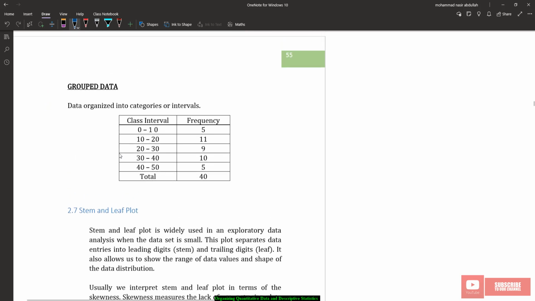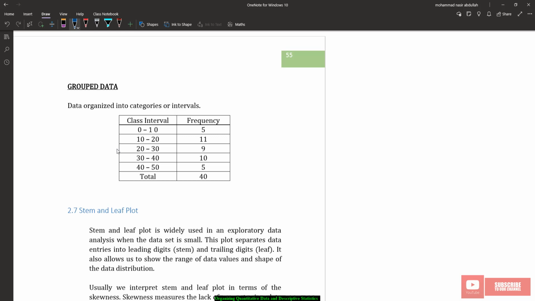Let's look at an example for grouped data. Notice the difference between this frequency table and the previous frequency table. This is quantitative grouped data.